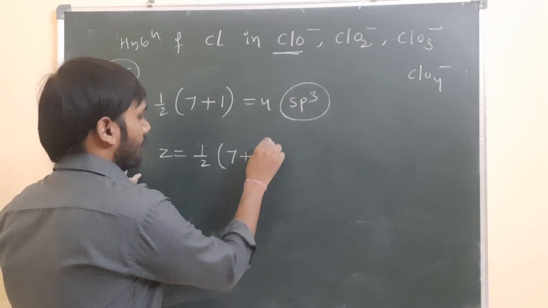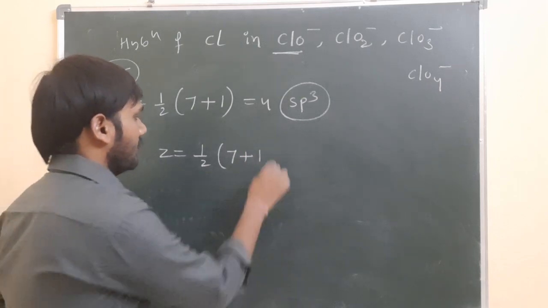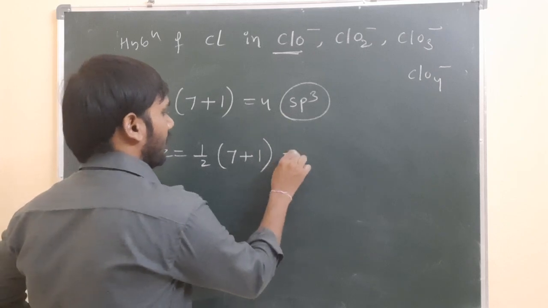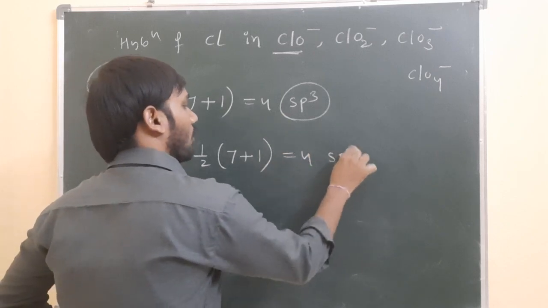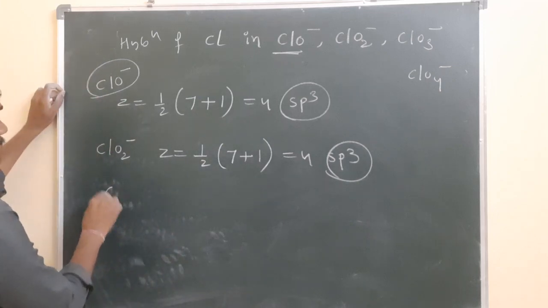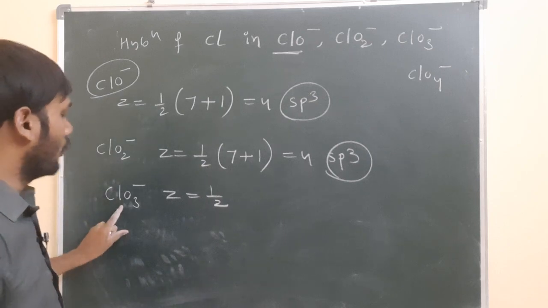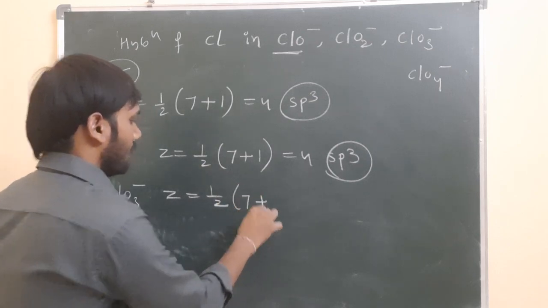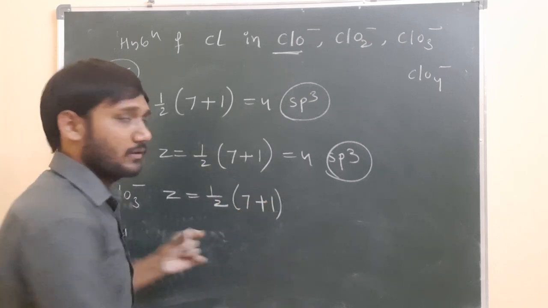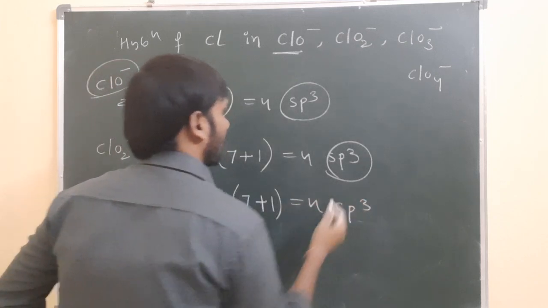No monovalent atoms and no positive charges, that means 7 plus 1, 8, 8 by 2, 4, 4 is nothing but sp3. Next one, ClO3 minus, half into chlorine 7th group element plus 1 negative charge, there are no monovalent atoms, means 4, sp3.